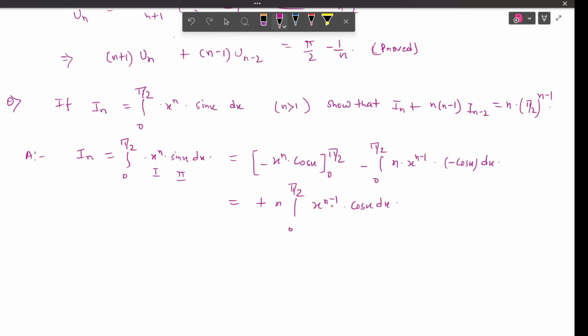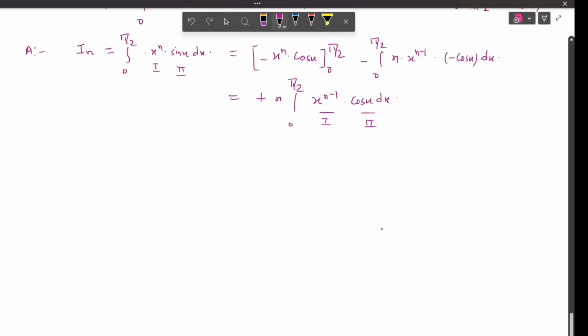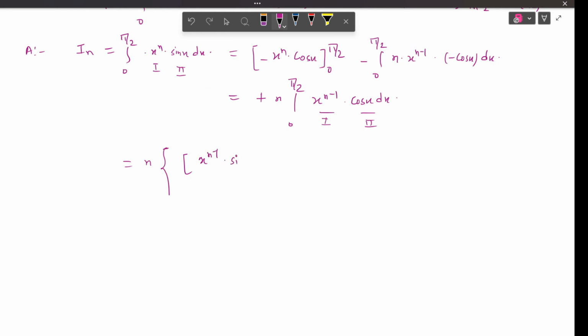So let's apply by parts again. This is your first function, this is your second function. So it will be n into x to the power n minus 1 sine of x, integration of cosine of x is sine of x from 0 to pi by 2 minus integration 0 to pi by 2 n minus 1 into x to the power n minus 2 into sine of x dx.